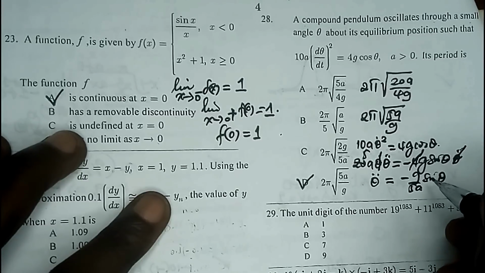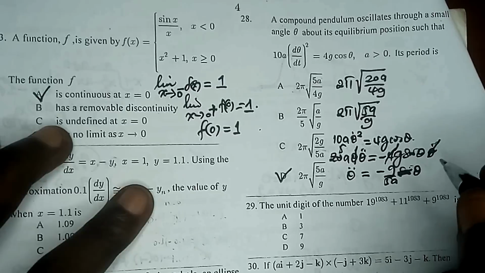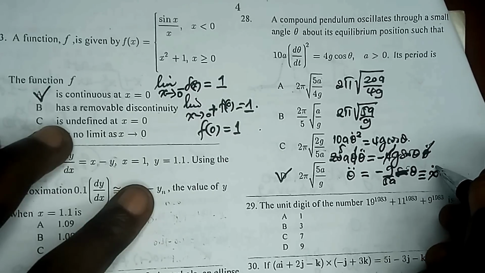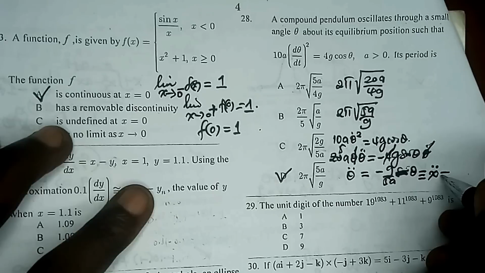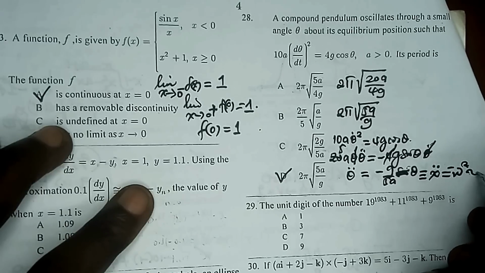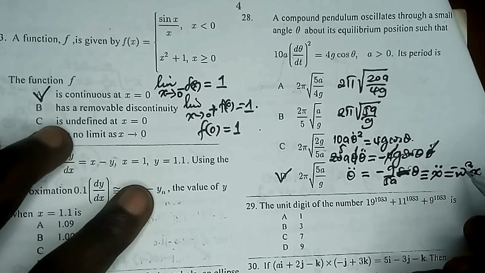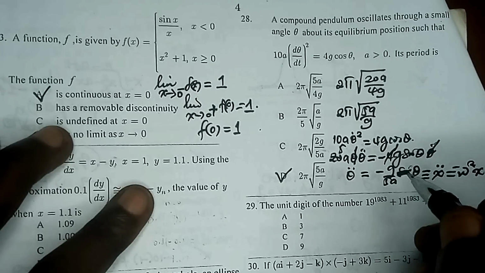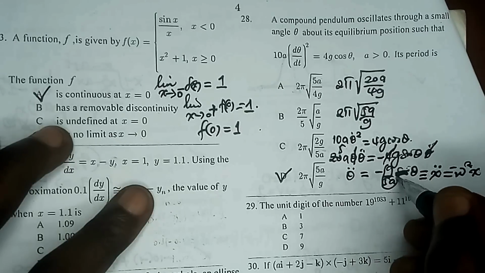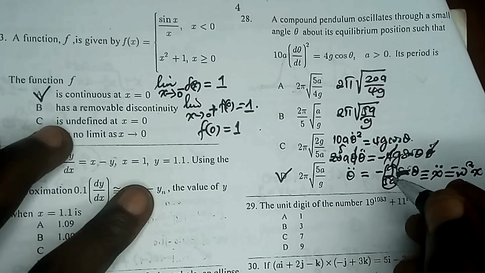For small angles, sine theta usually just approximates to theta. And you can see that this is equivalent to simple harmonic motion, which usually is negative omega squared x. This one is rotational simple harmonic motion, while this one is linear simple harmonic motion. When this happens, you compare, you see that the absolute value of this coefficient of theta represents omega squared.